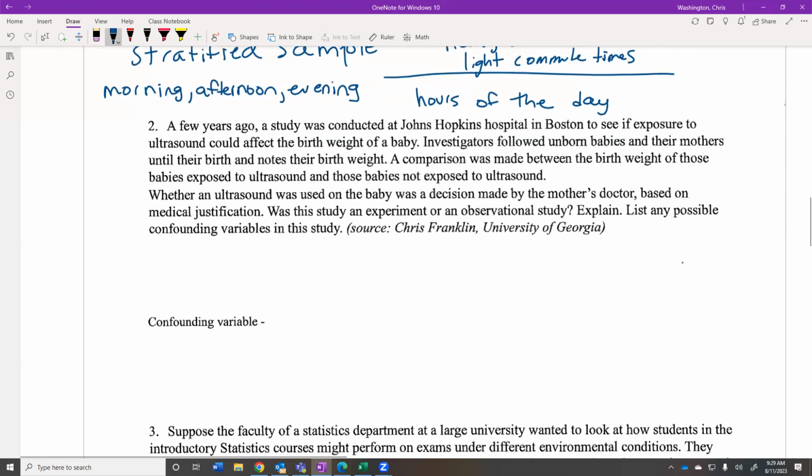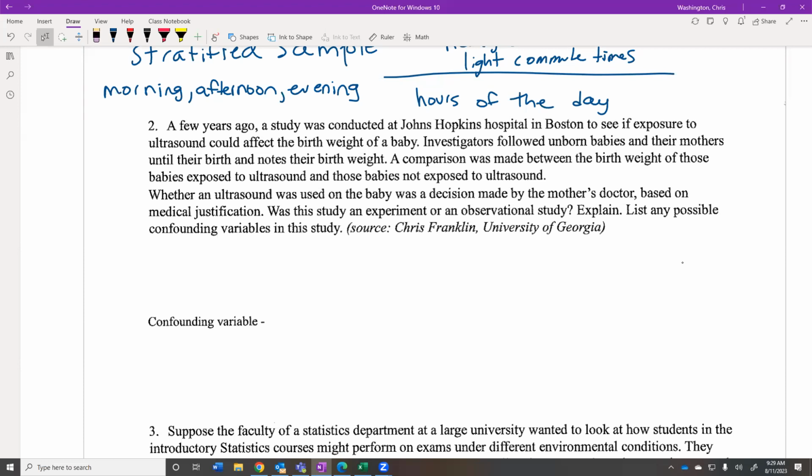All right, cool. Number 2, I like number 2. A few years ago, a study was conducted at Johns Hopkins Hospital in Boston to see if exposure to ultrasound could affect the birth weight of a baby. Now, we're looking at observational study versus experiment in this case, which one would be best?